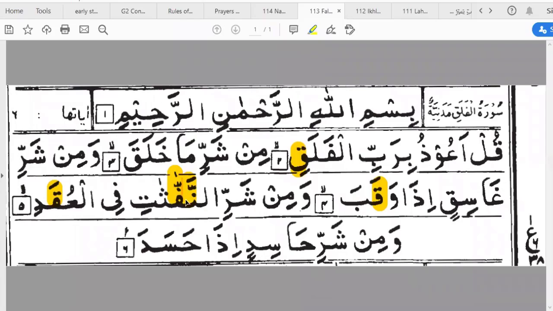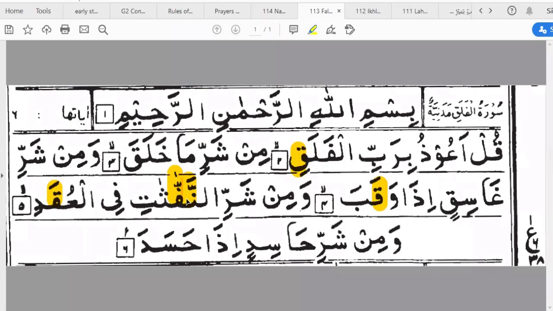Sharin. And then over here, as you can see that the next letter is Fa, but it also has a tashdid on top of it. So it is also a mushaddad letter. So you're supposed to emphasize or press down on the sound for letter Fa. Nafa. And then it also has a vertical fatha, so you're supposed to prolong the sound for 2 seconds.